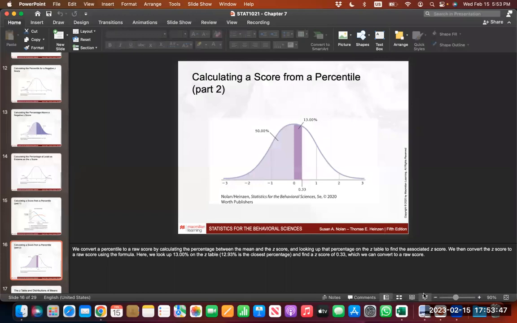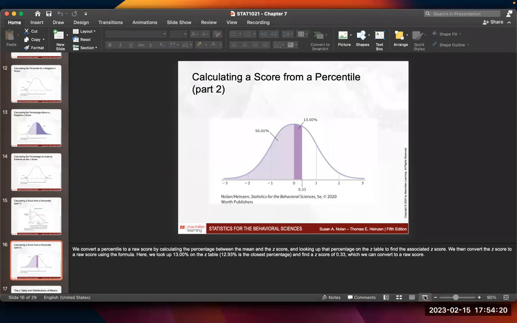For our example of the blood pressure, we have now 130 plus 10 multiplied by 0.33. So that's basically 3.3. So we have 133.3. So we have 63% of the population are less than 133.3. So that's how you would approach this.